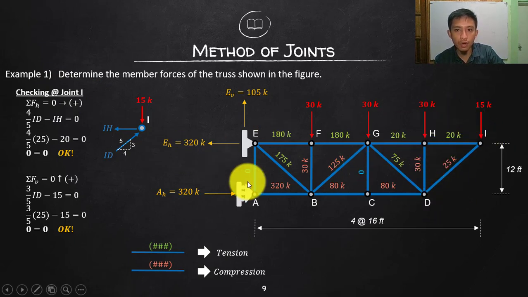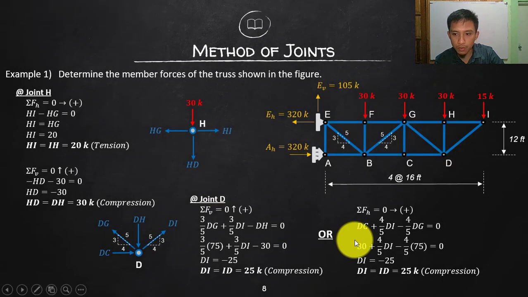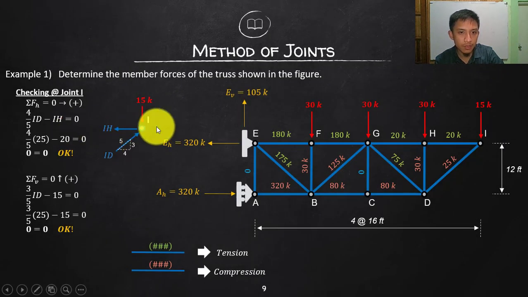Again, I already know all of the members, so let's separate joint I. HI we solved to be tension, so away, and then DI compression, so towards, and we have there to carry the 15 kips. Summation horizontal: HI, and then the component of ID, or IH and the component of ID. The component of ID is 4/5, which is positive since that will be going to the right, and IH is negative.